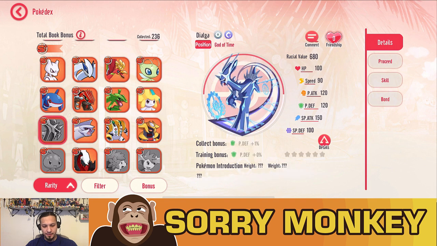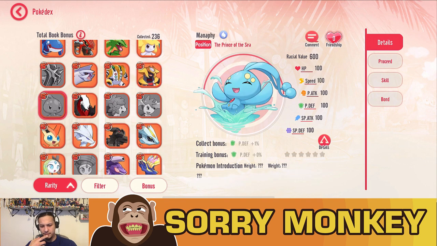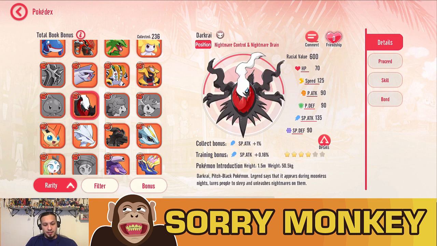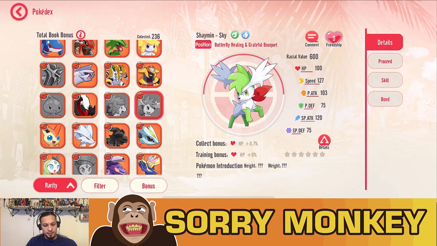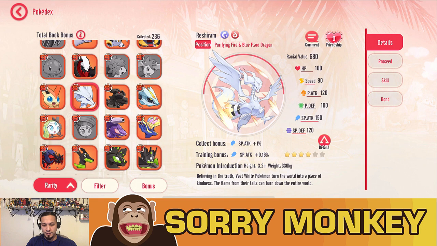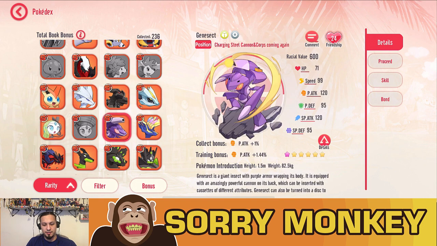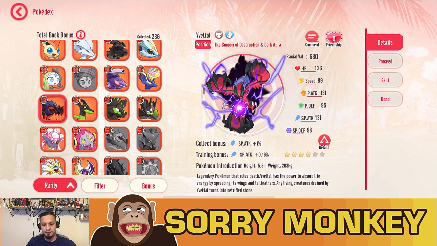This one didn't. This is there. This is not there, but I haven't seen it yet. I know that it is available. This is there. Victini, that's not there. Reshiram, Zekrom, Kyurem. None of these Pokemon are there.